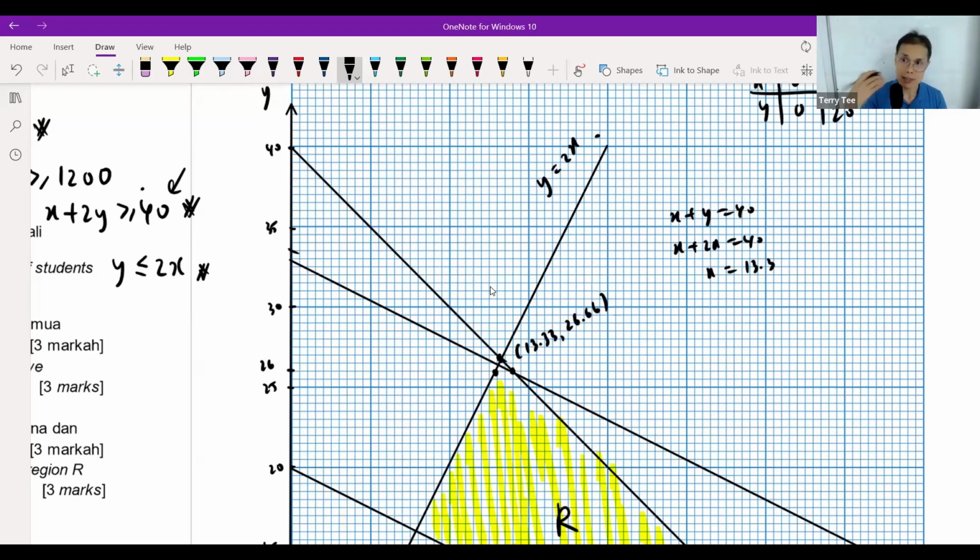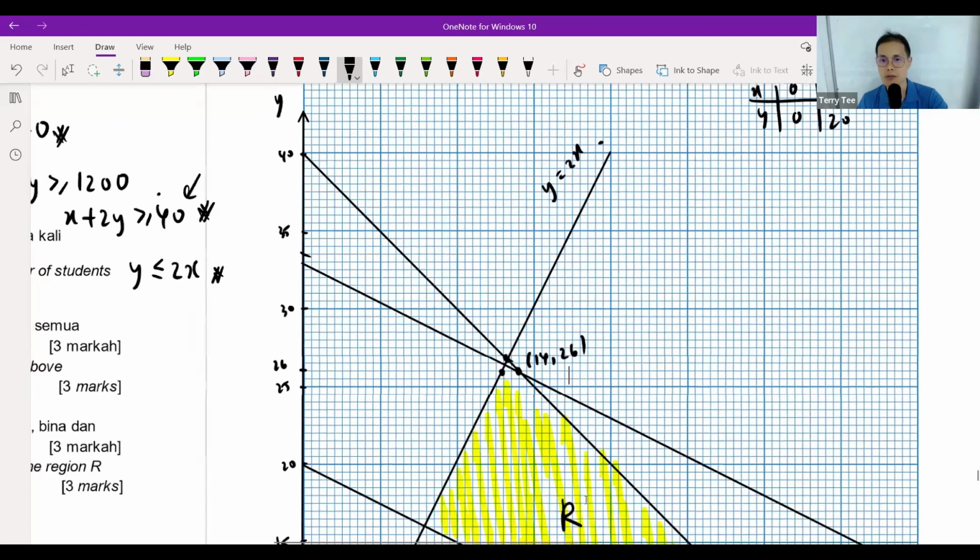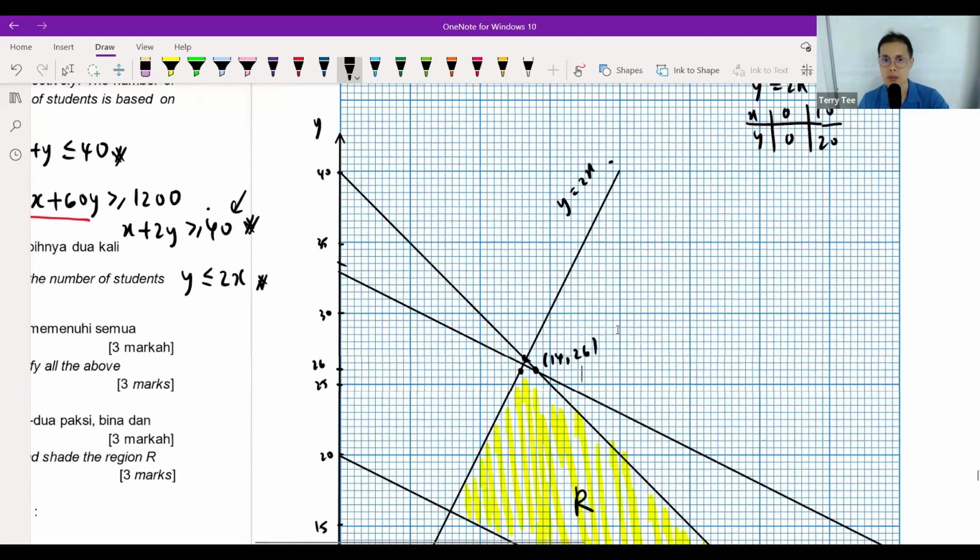So you cannot exceed 26. You can go more than 13 actually, because it can be over here. This is 14, so we can't go beyond 26. So my answer is going to be 14, 26. Yeah, 14, 26 is possible. It's inside here. I hope you can see that. 14 makes sense. 14, 26.